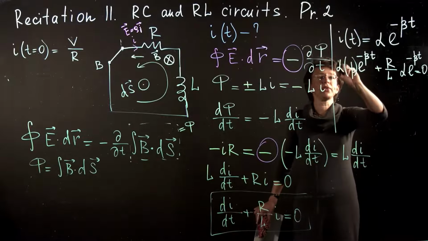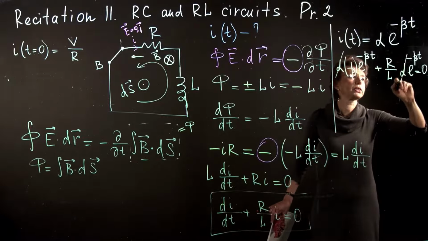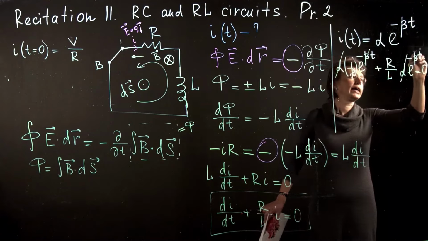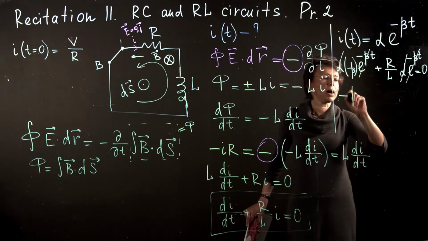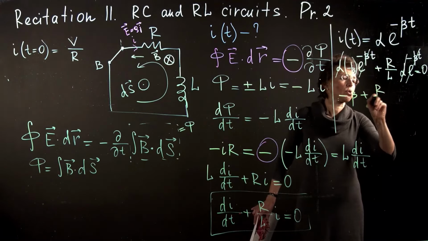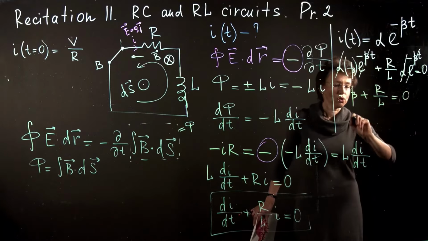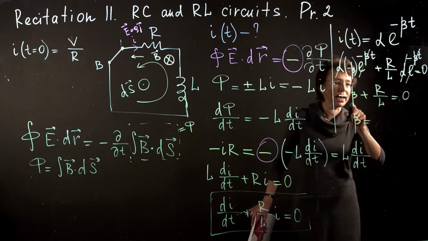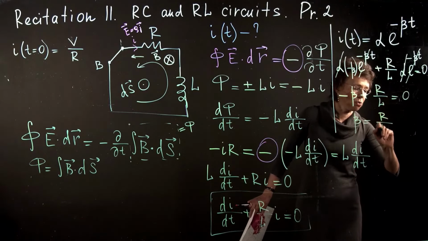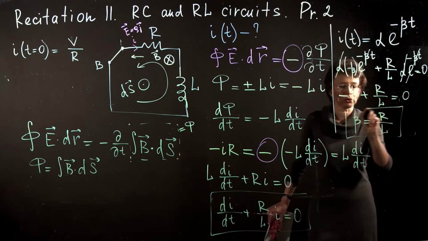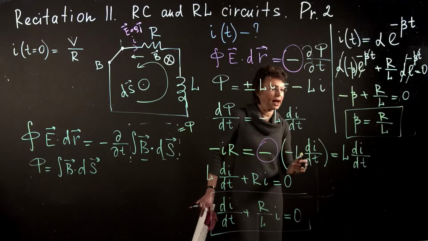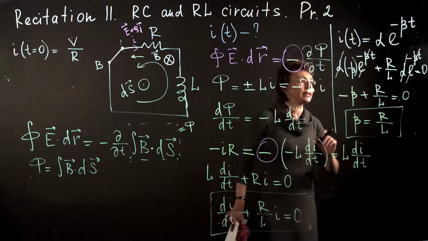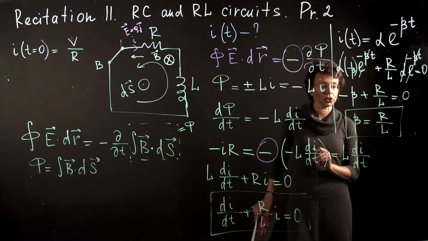Next, let's simplify this. I divide both sides of the equation by alpha and by the exponential function, and I have now minus beta plus r over L is 0, which brings me to beta as r over L. We found beta. Next, I need to find alpha, and I will find alpha from the initial conditions.